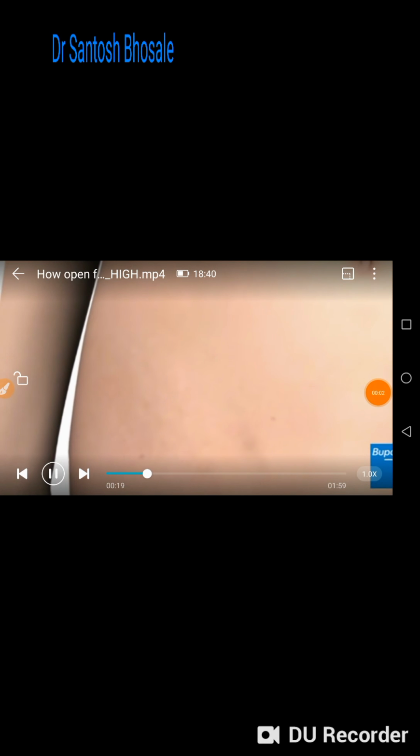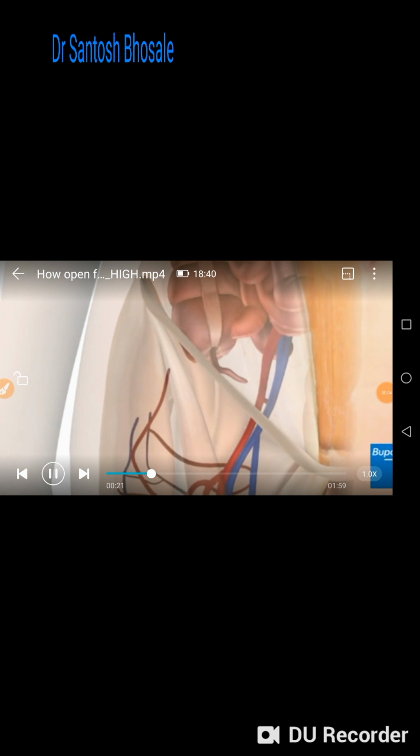Here you can see these are the contents of the abdomen there.